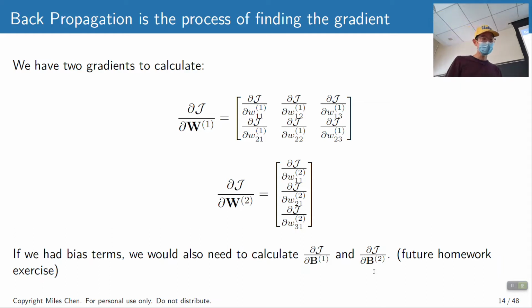Okay, so this process of finding the gradient is known as back propagation. Now, I will be honest. We're going to do this vector-based calculus method of finding the gradients with respect to W1 and W2. But the truth is even if you go to Google or something and you do a neural network, no one's going to do this.